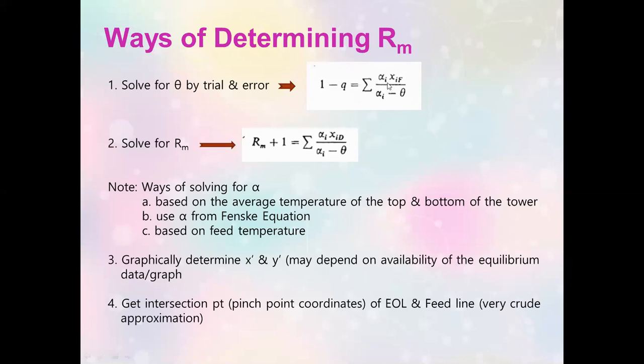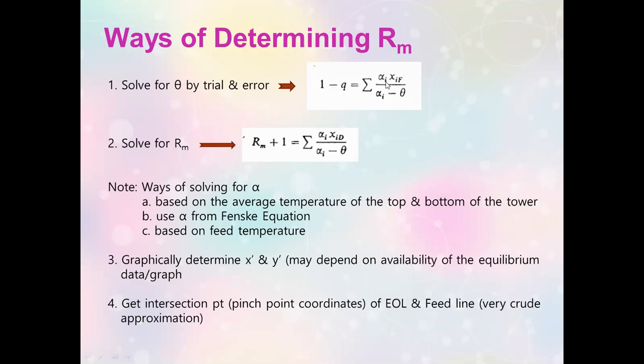What would be the basis in determining the alpha, the relative volatility, if it's not given in the problem? The basis would be the temperature that is provided, the temperature of the feed or the temperature of the distillate in that case. If you're not provided with the temperature of the feed and the temperature of the distillate, you should have the temperature equilibrium diagram or the boiling point equilibrium diagram equivalent to the one that I have shown you, which has the saturated liquid and the saturated vapor curve all in one diagram.